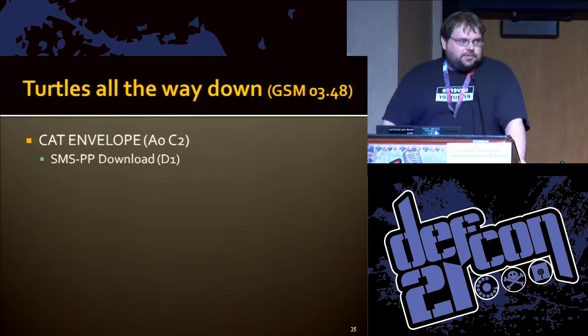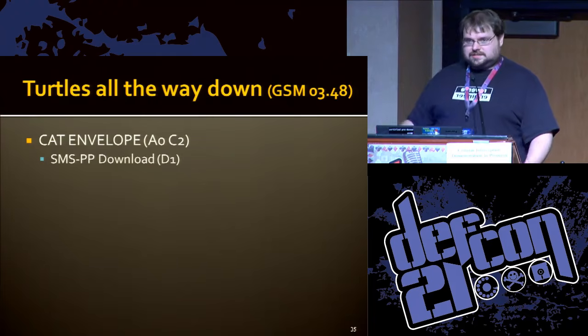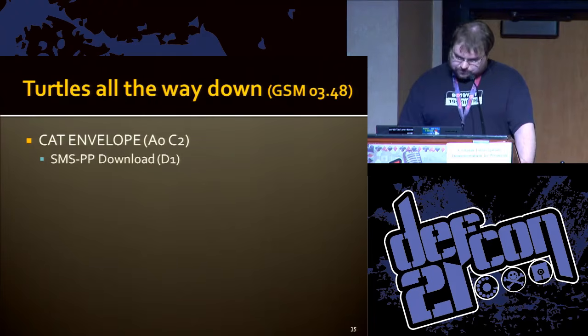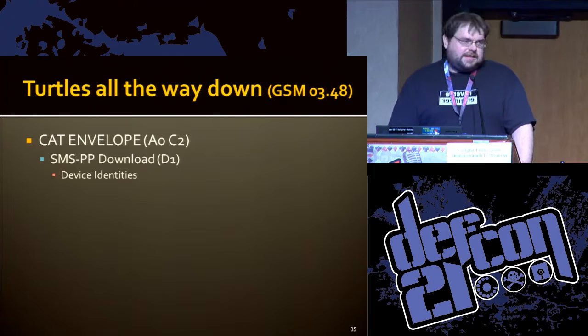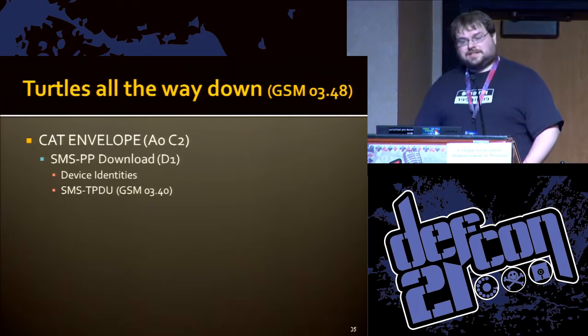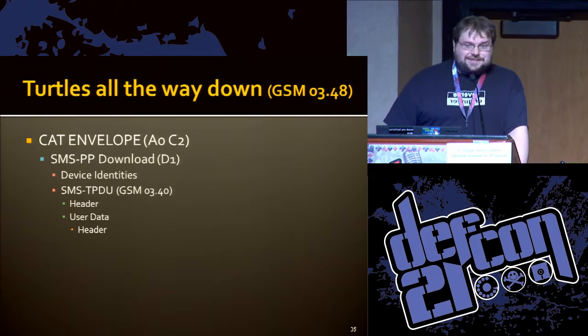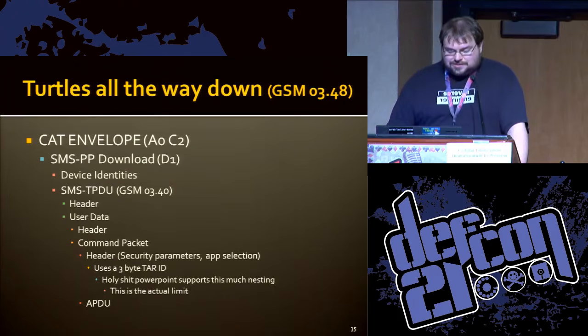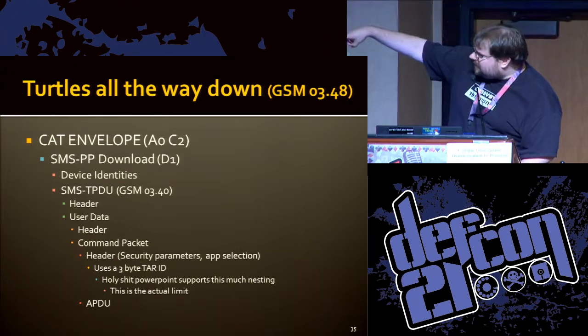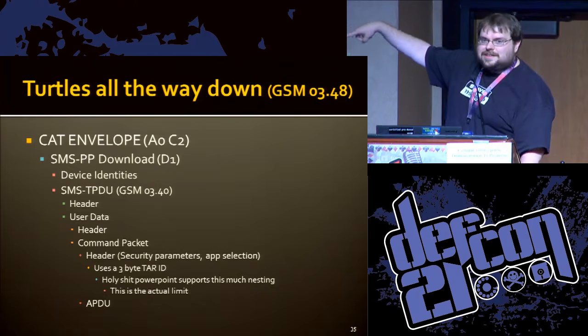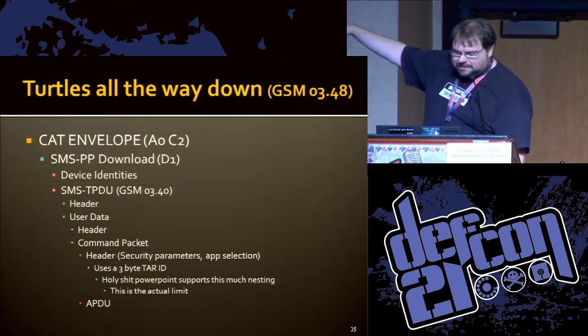Inside that, you have an event for an SMS point-to-point download. Inside that, you say who sent it. Inside that, you actually have the SMS message. Inside that, you have a header, and you have your user data, and the user data consists of a header, and also the command, and finally at the very bottom is the APDU that actually gets delivered to Global Platform.